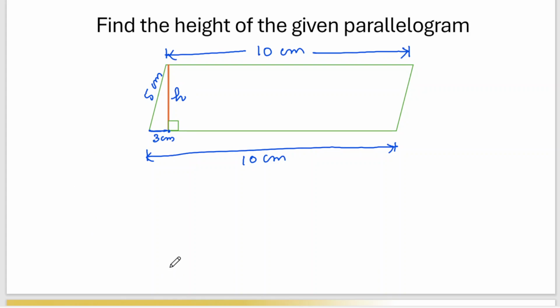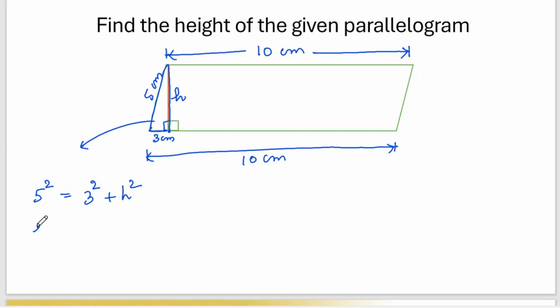Okay, how can you find that? See, in this triangle, you can see it is making a right angle triangle. Okay, and I can easily apply the Pythagoras theorem here, right? So if you look at this triangle, I can write hypotenuse square, that is 5 square, equal to the sum of squares of base, that is 3 square, plus h square.